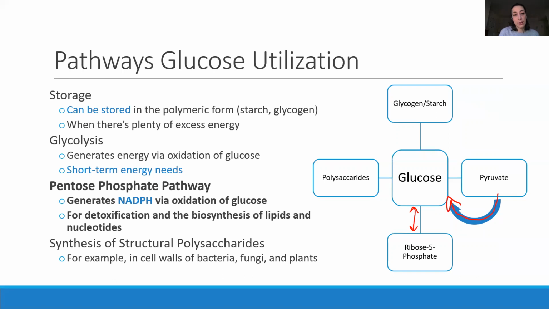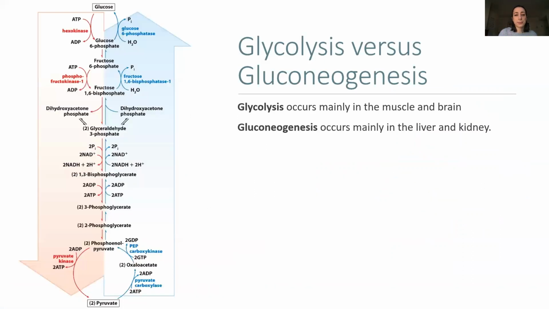We'll also be talking about the pentose phosphate pathway, which is another fate of glucose in which you can either generate ribose 5-phosphate, or again, go backwards to generate glucose. So two different interconnected fates we'll be talking about.